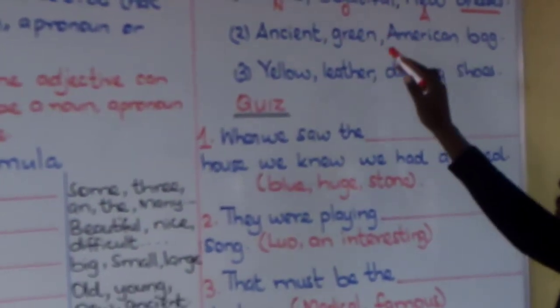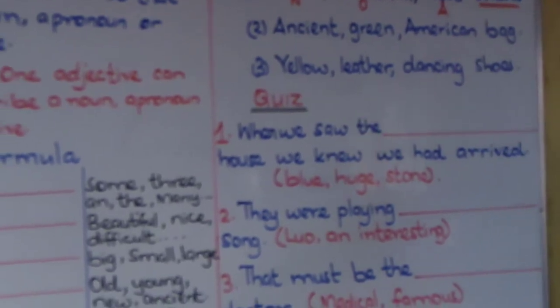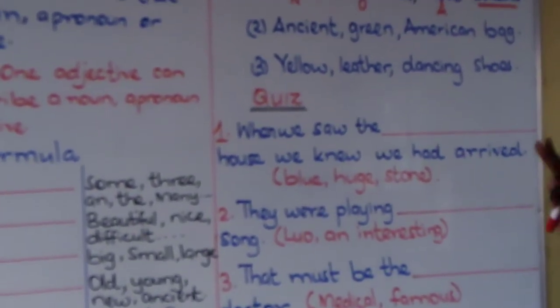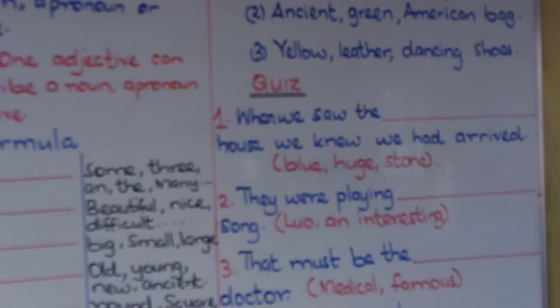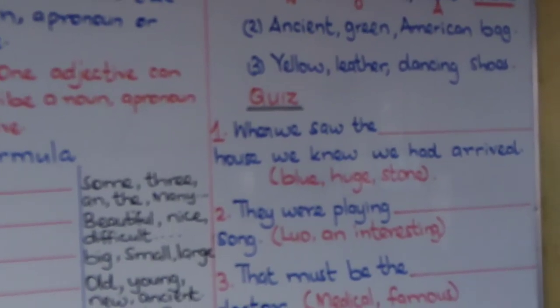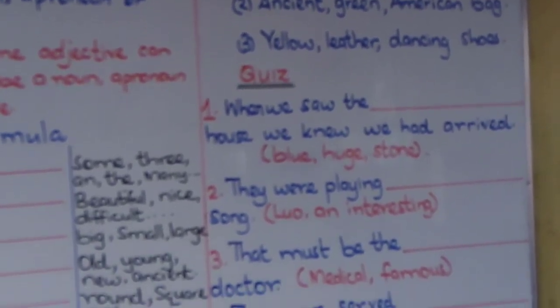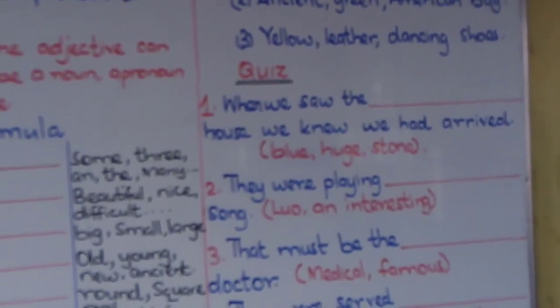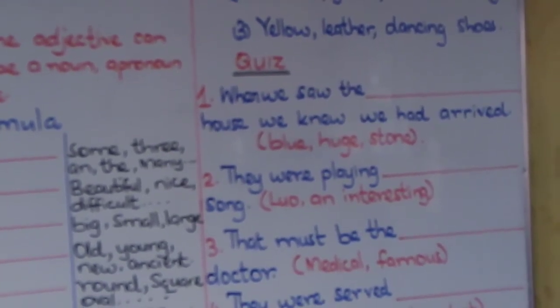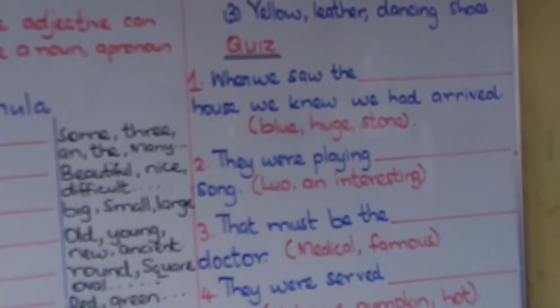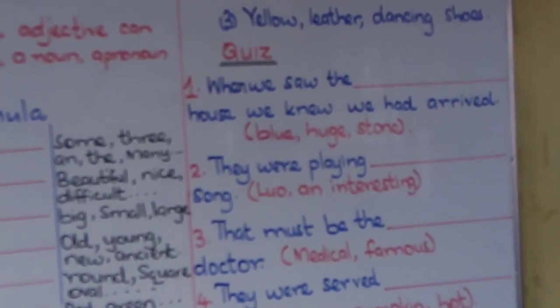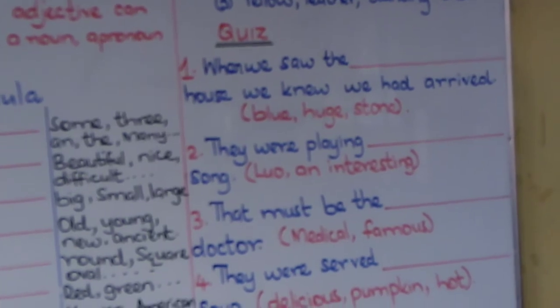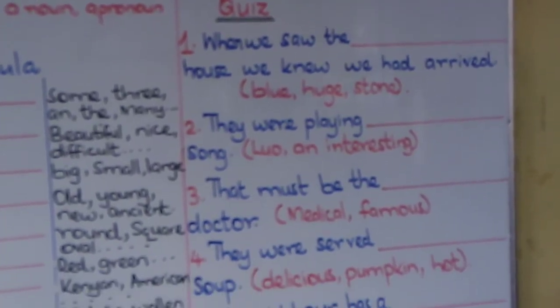Number, opinion, age. Then noun. We have used 3. Remember, you don't have to use so many adjectives describing one noun. You could use up to 3 or 4. 4 is the most number you can use. Don't use as many as there are adjectives. No. The sentence will lose its meaning.